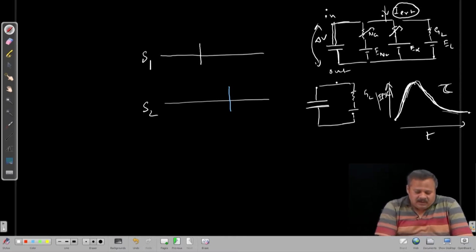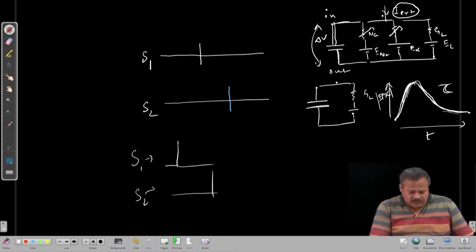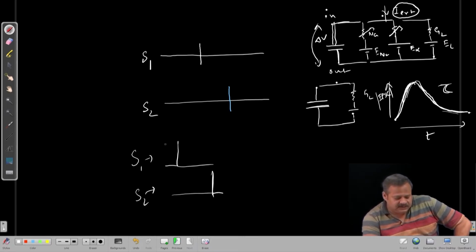If we think of tau to be 0, the postsynaptic current is simply a blip corresponding to the spikes S1, S2, or postsynaptic potential, this thing. So this is the case for tau equals 0.